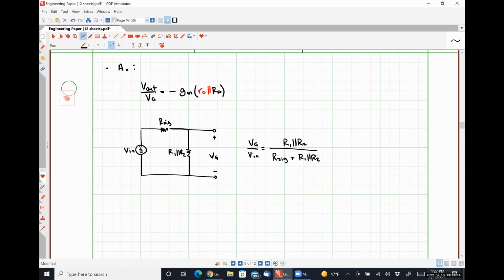The voltage gain of the system is just these two transfer functions multiplied by each other, right? So Av is V out over VG multiplied by VG over Vin, which gives us the V out over Vin relationship that we're looking for.